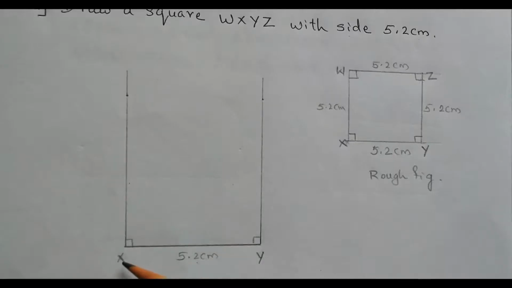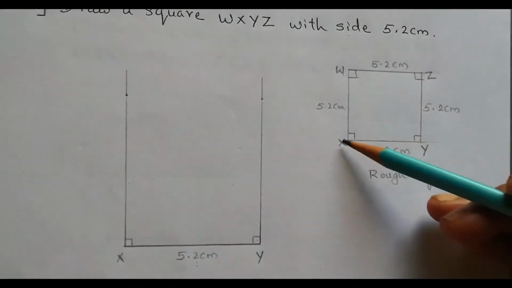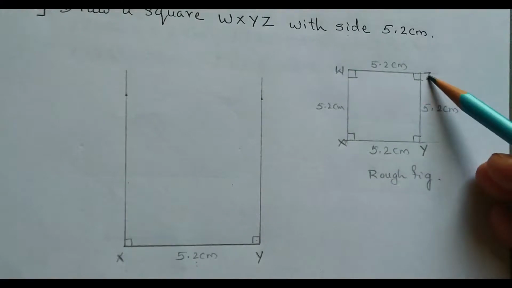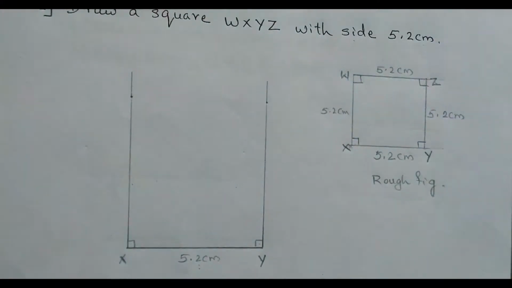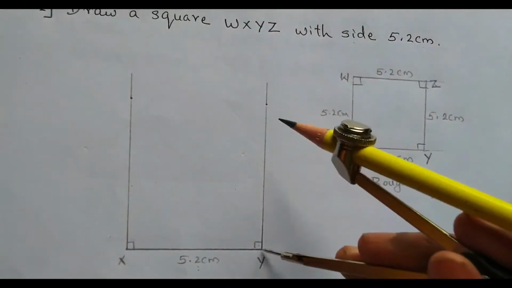So we have drawn line XY 5.2 centimeters and constructed right angles at X and Y. Now we have to mark points W and Z using the compass 5.2 centimeters. So let's take 5.2 centimeters on the compass.